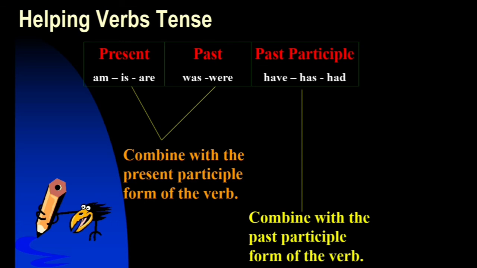Present and past are combined with the present participle form of the verb. And the past participle form is combined with the past participle form of the verb, meaning with had.